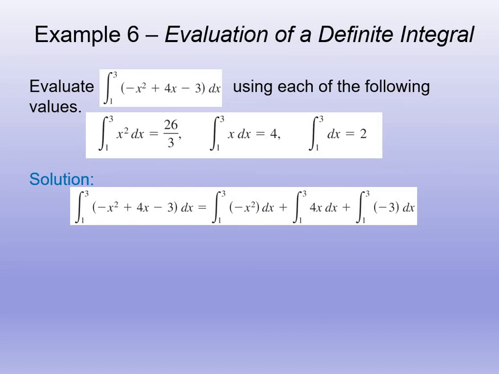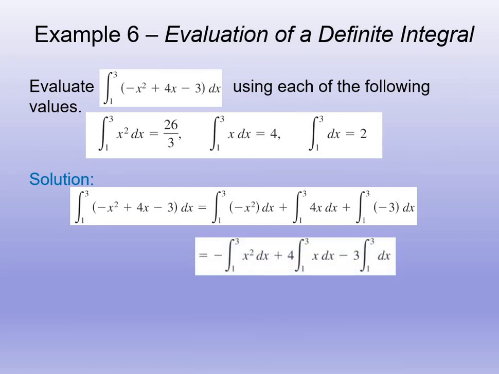Now we can substitute in the values. Notice as we broke that up, we can get our different values there. So factor a negative out of the first one, rewrite them, and then replace them with the correct values, which are given to us. The integral from 1 to 3 of x squared dx was 26/3, so we substitute that in.